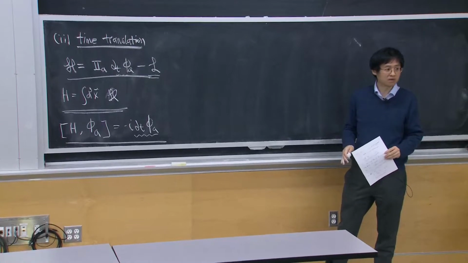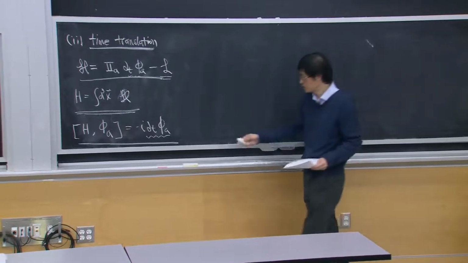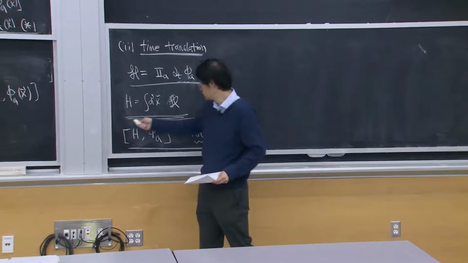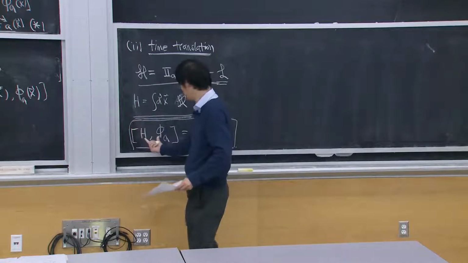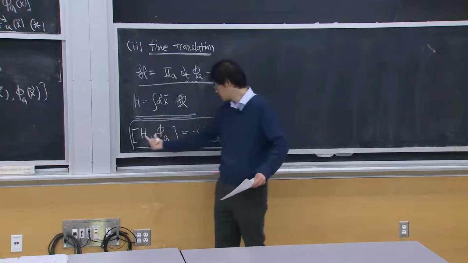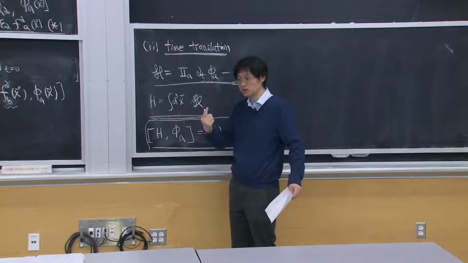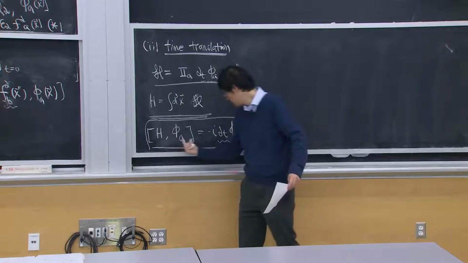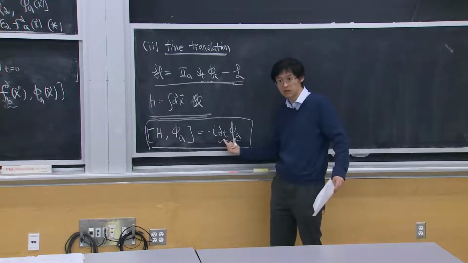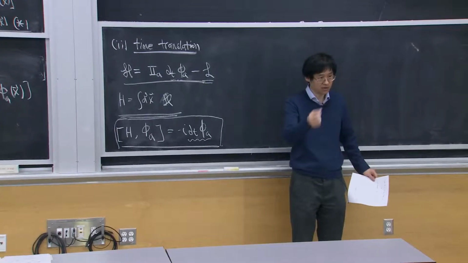Good. Any questions on this? This just follows from the Heisenberg equation itself. Now you should just understand this equation. H can be considered as a symmetry generator for time translation symmetry, and when it acts on the field it generates the time translation. Time translation, infinitesimally, is just a time derivative on phi.